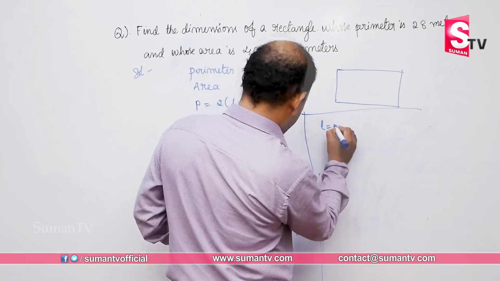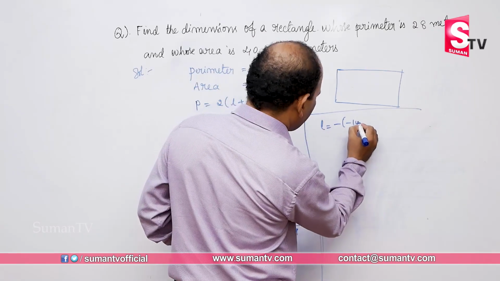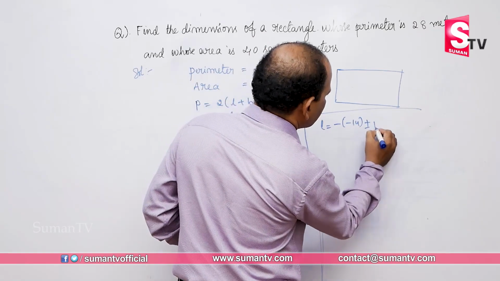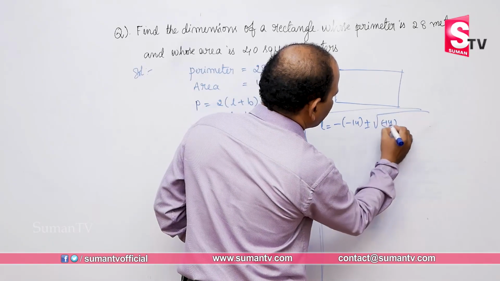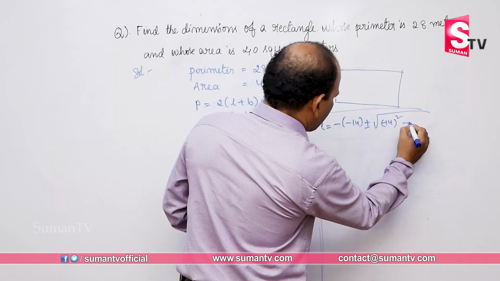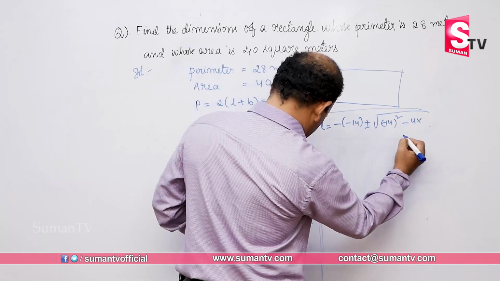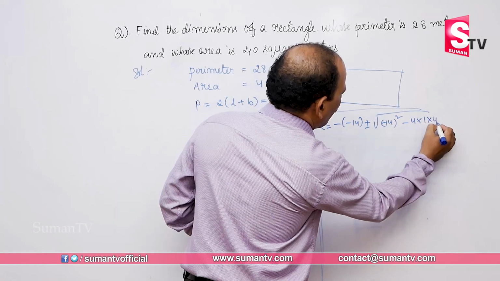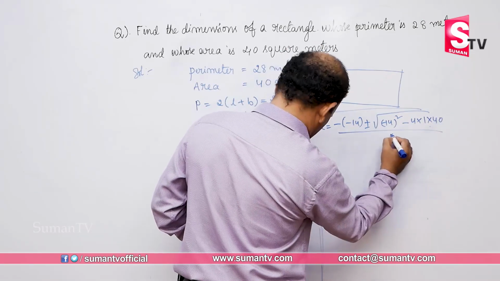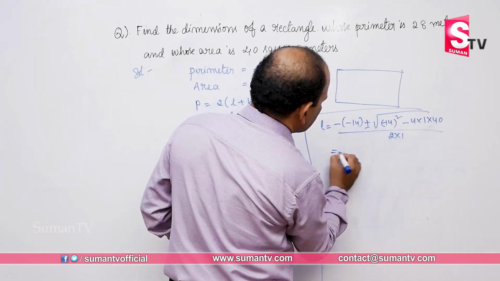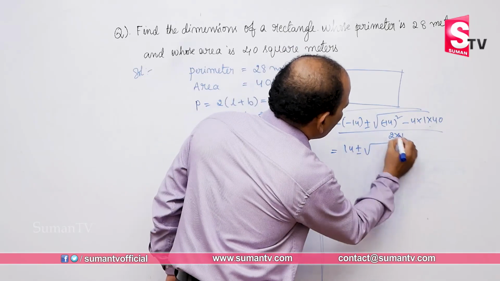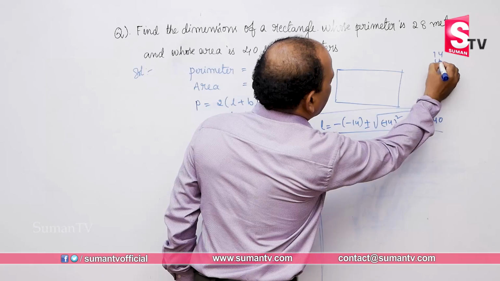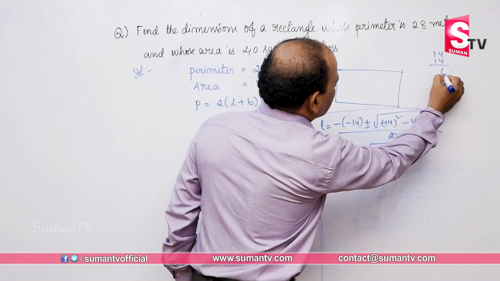Minus of minus 14, that is plus 14, plus or minus root of minus 14 whole square, minus 4 into A, 1 into 40, by 2 into 1.